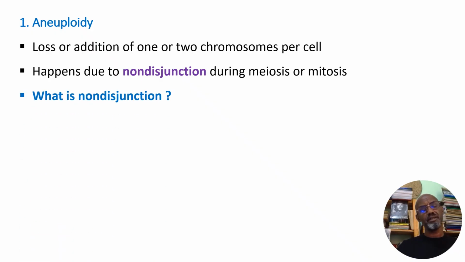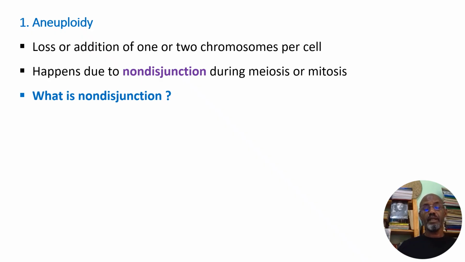What is non-disjunction? Simply, non-disjunction is failure of chromosomes to separate. When you learn about cell division in mitosis or meiosis, anaphase is the special phase of cell division where chromosomes separate and move towards the opposite poles.